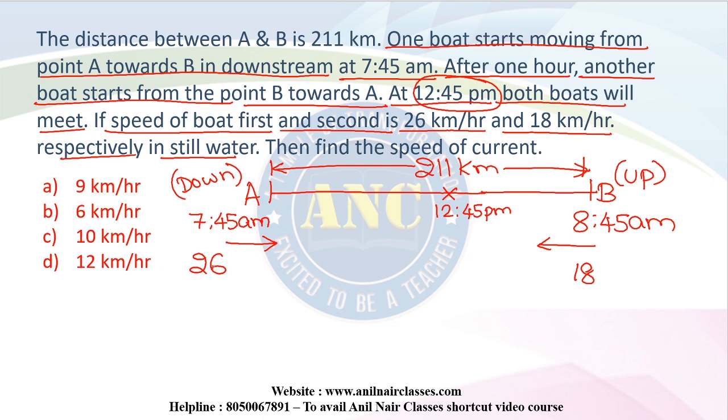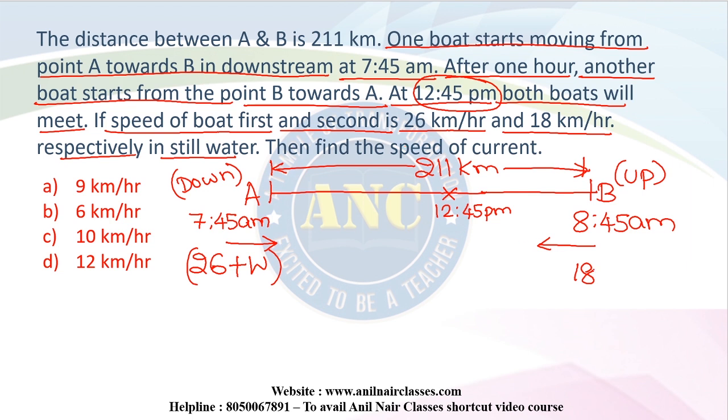Now, can I say that I need the speed of the first boat completely, not in still water, when it is traveling along the direction of the stream in downstream? That means downstream speed is B plus W. B is nothing but 26, plus W. And W is nothing but what we are finding. Please see the question: find the speed of the current. That is what we are finding.